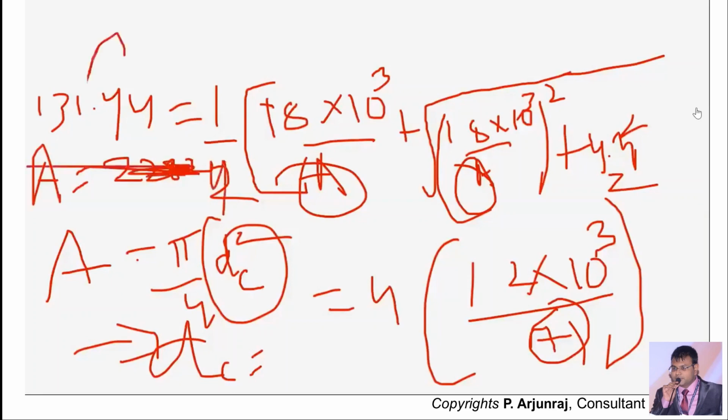Area is going to be 182.59, and with this you can calculate the diameter of the bolt DC, where the diameter is going to be 15.25 mm.